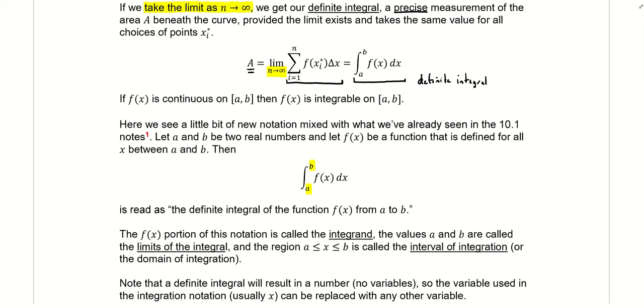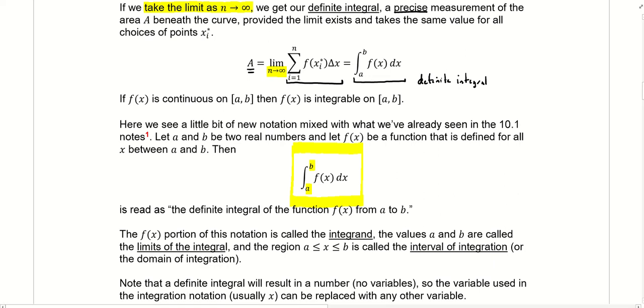So typically when we talk about integrating, we're integrating to find an area over a region, like from a to b. Then we can express the definite integral, and I'll highlight this because it's an important piece of notation, in this form. And so this thing can be read as the definite integral of the function f of x, from a to b.